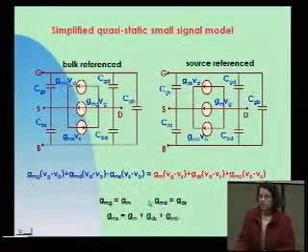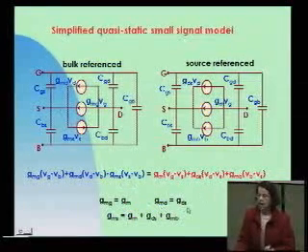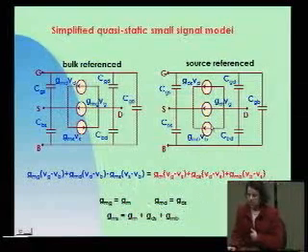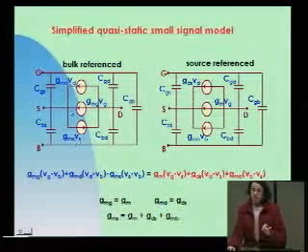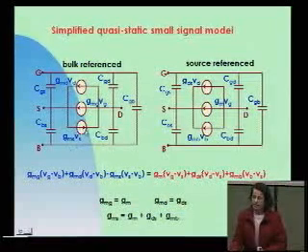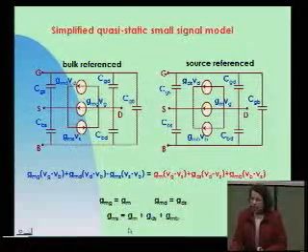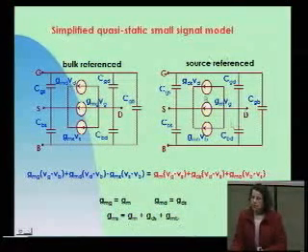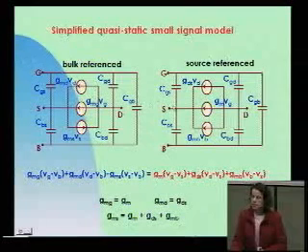The drain transconductance in this model is the output conductance in this model. And the source transconductance in this model, look at the detail, the current is in another direction, is the sum of all 3 here. Okay? If you want to convert from one to another, you must do this.